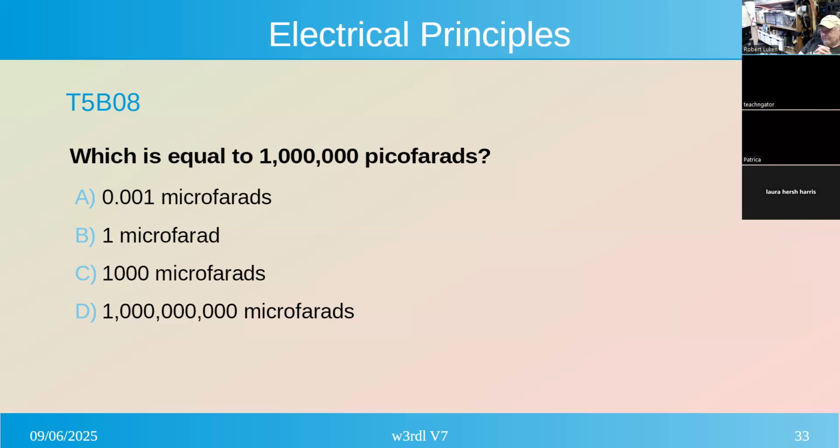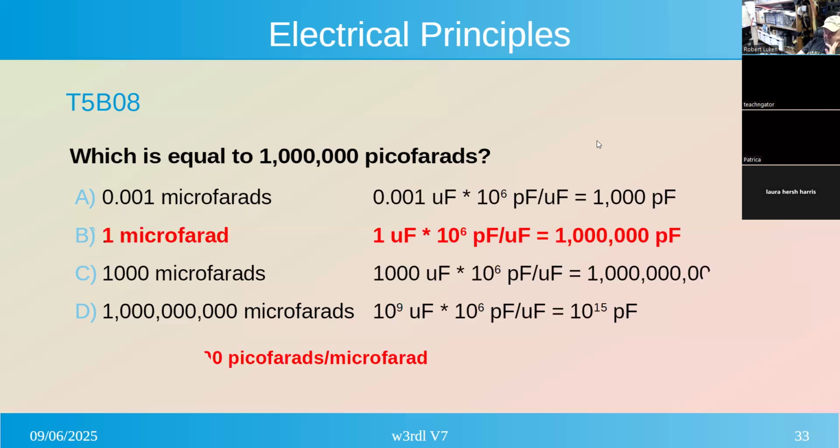You have to take away all these zeros and another 6. Say B. So I took it to 1, but to get to micros, say Bravo, you only have to take away 6. I go for Bravo. Very good.